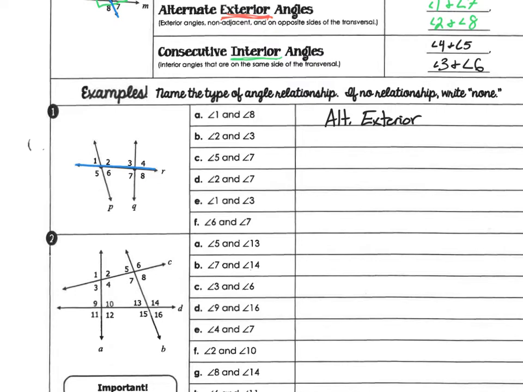Two and three, interior or exterior? Interior, good, because they're on the inside of the two lines. Are they on the same side or opposite side? Same side. So those would be what? Good.